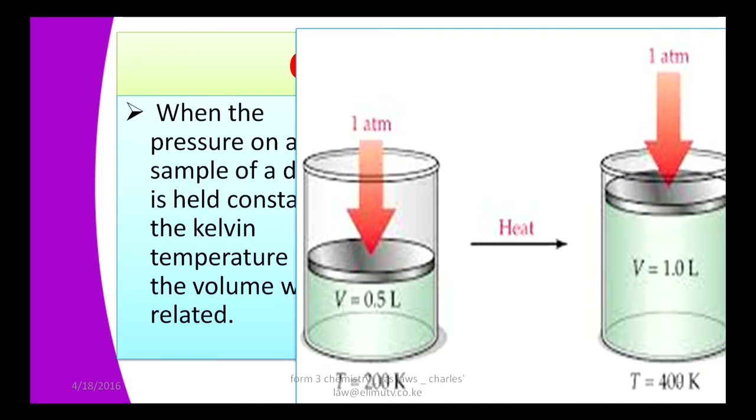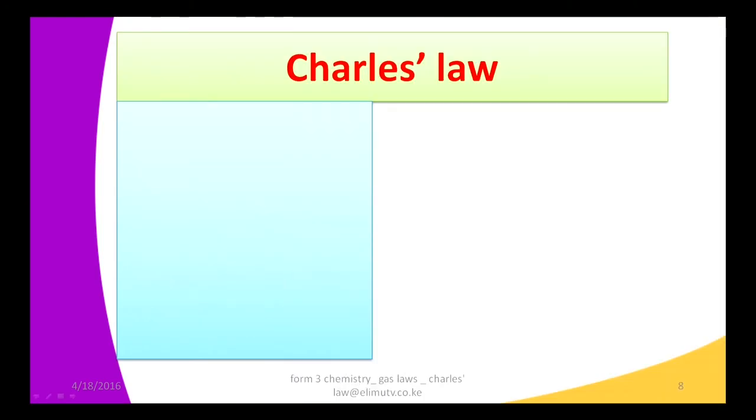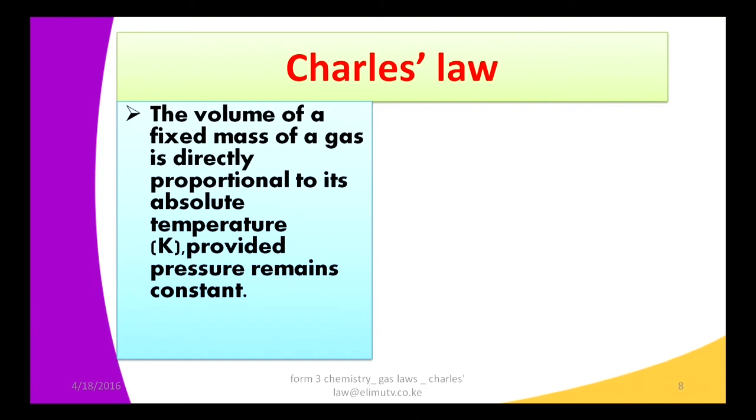So these two demonstrations lead us to what Charles' law came up with. Therefore, what's Charles' law? Charles' law states that the volume of a fixed mass of gas is directly proportional to its absolute temperature, which is measured in Kelvin, K, provided pressure remains constant.